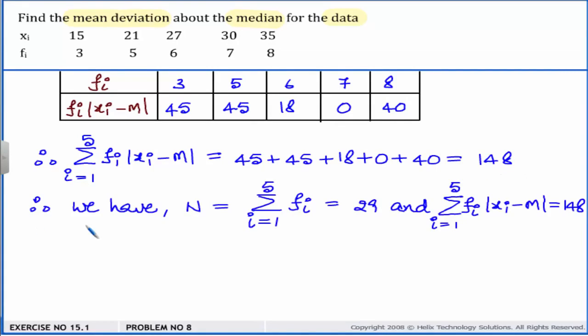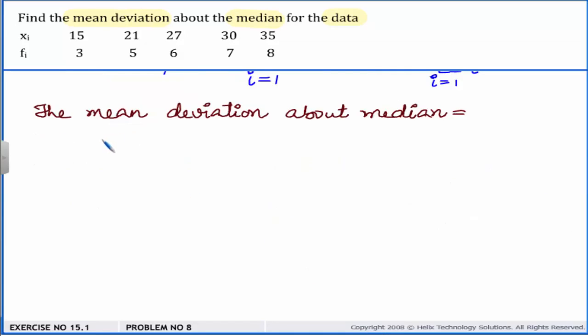Therefore, we have N is equal to summation fi, where i is equal to 1 to 5, is equal to 29, and summation fi into modulus of xi minus M, where i is equal to 1 to 5, is equal to 148. Therefore, the mean deviation about the median is equal to 1 by N into summation fi into modulus of xi minus M, where i is equal to 1 to 5.